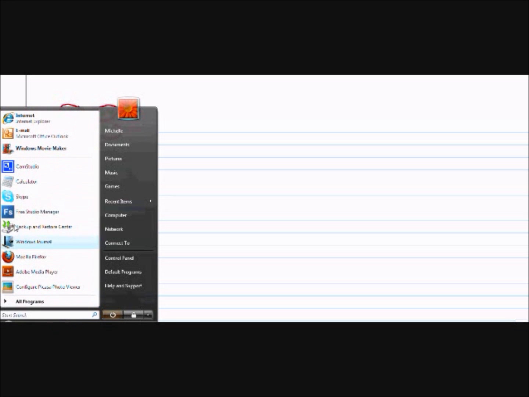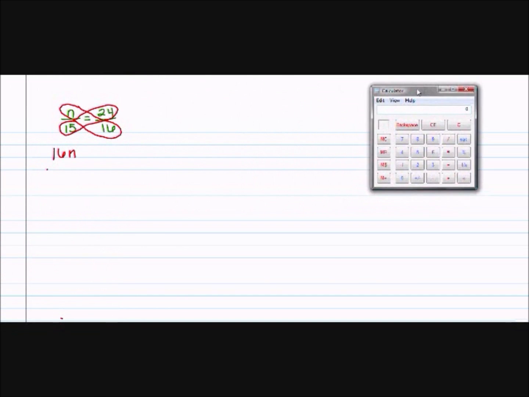We know that because of multiplication glue, 16 times n is 16n, and 15 times 24, I'm going to need the calculator for this. 15 times 24 is 360. Don't forget to bring down your equal sign.